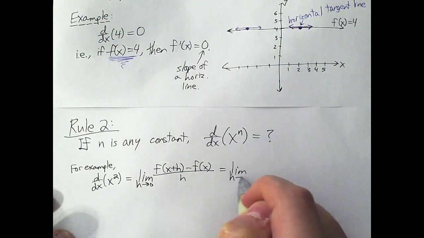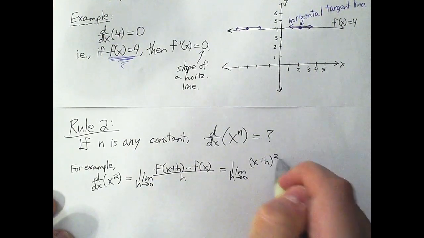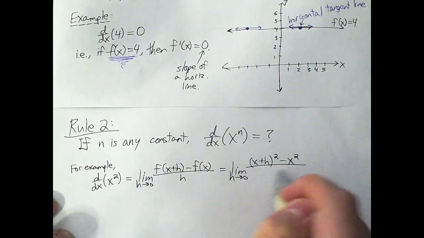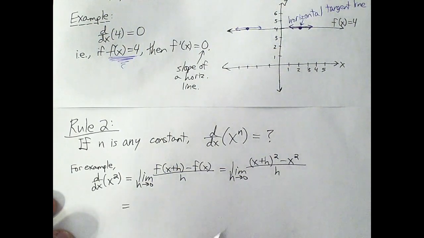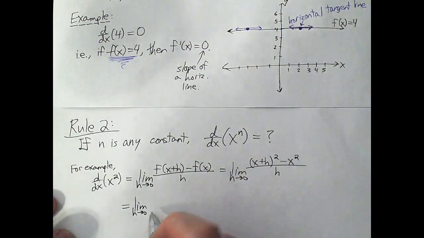Limit as h goes to 0. I'm not using any shortcuts. We're going to be trying to figure out a shortcut. Basically, what I'd like to do is try some examples of x to the n and see what answers we get, and then see if we notice a pattern, and maybe from the pattern we could find a general rule.